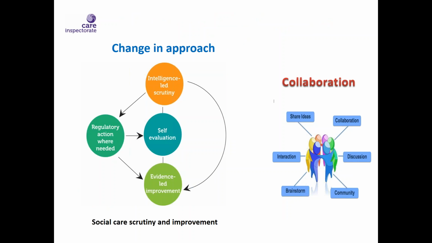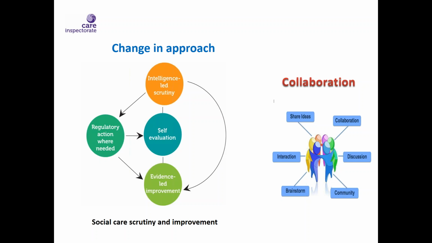So just telling you a little bit about the Care Inspectorate and the Care Inspectorate's approach. We have traditionally been a compliance model for improvement when we're talking about scrutiny, but up until around the last 5 years, we have moved more to a collaborative approach, where we're supporting people to make improvements and using the full breadth of our resources in terms of our staff and the improvement support team.